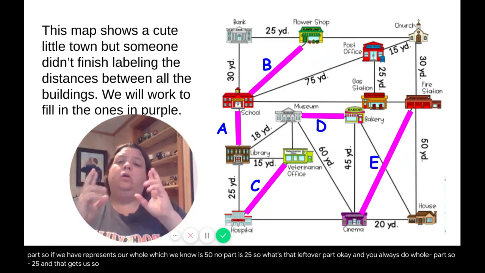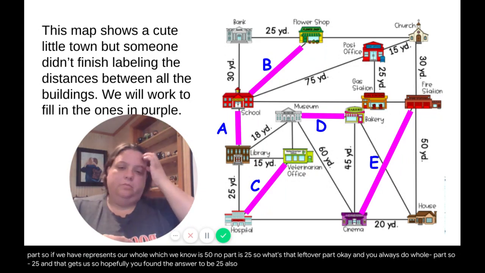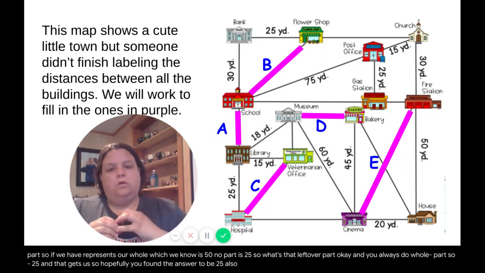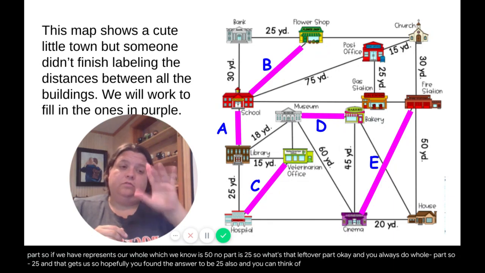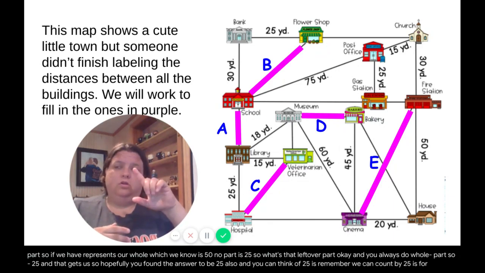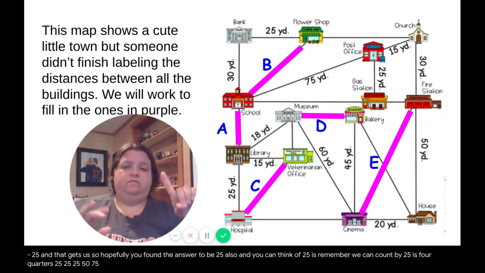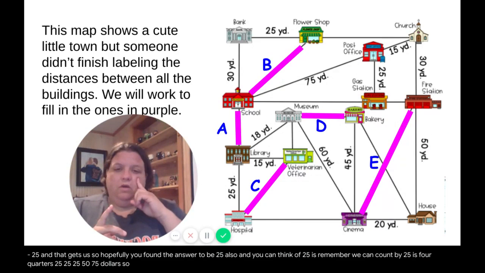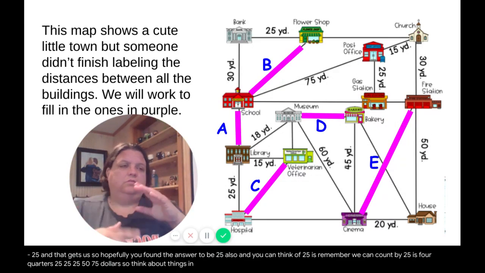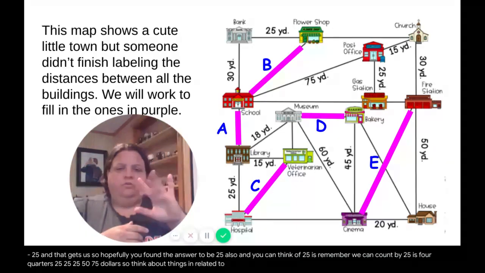So hopefully you found the answer to be 25 also. And you can think of 25s. Remember, we can count by 25s for quarters. 25, 50, 75, $1. So think about things related to 25s.